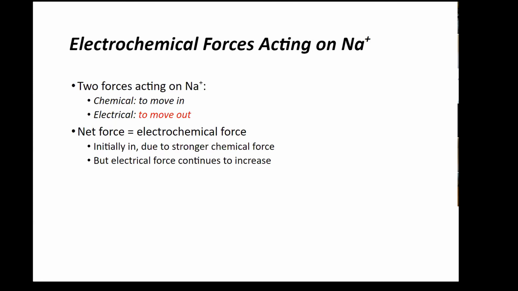So our electrochemical force in these various phases: initially we have an electrochemical force moving in because we have a really strong chemical driving force. But then as the electrical driving force starts to build, because we're building a charge there, they're eventually going to come to be the same magnitude.